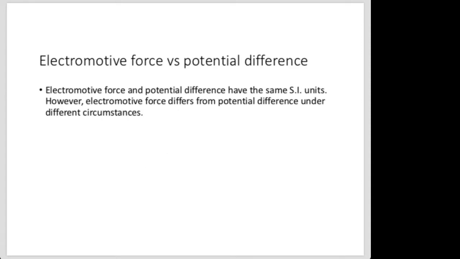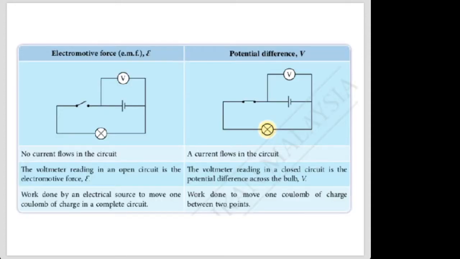Like I said, electromotive force and potential difference have the same SI units, but there is a slight difference depending on the circumstances. And here it is. I want you to go down to the lowest row and read the difference in the definition. The definition of EMF is: work done by an electrical source to move 1 coulomb of charge in a complete circuit.